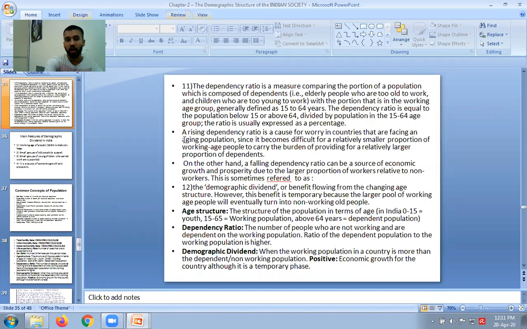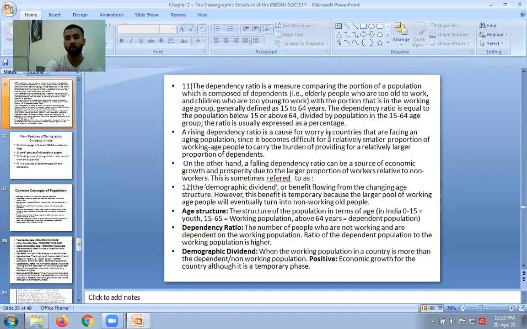A rising dependency ratio is a cause for worry in countries that are facing an aging population, since it becomes difficult for a relatively smaller proportion of working age people to carry the burden of providing for a relatively larger proportion of dependents. So this is what happens in rising dependency ratio. It becomes very difficult for the working population to cater to the needs of the non-working population, and this is what happens in rising dependency ratio.